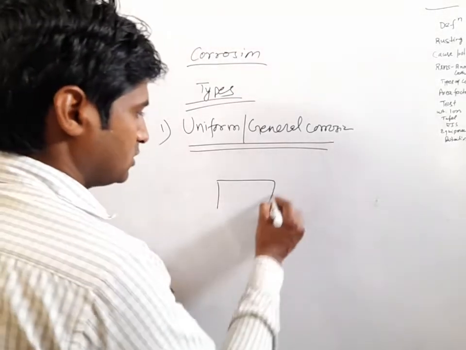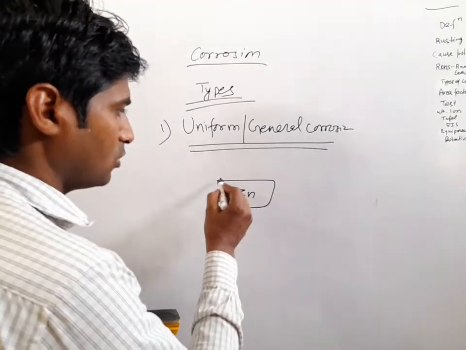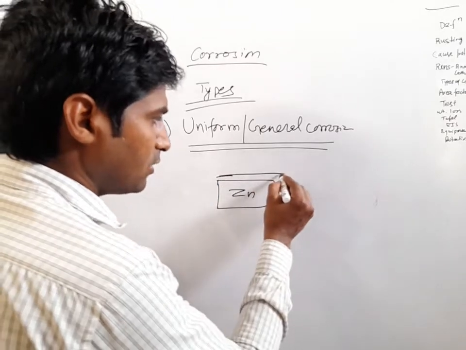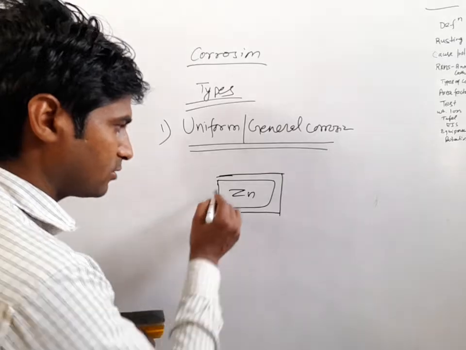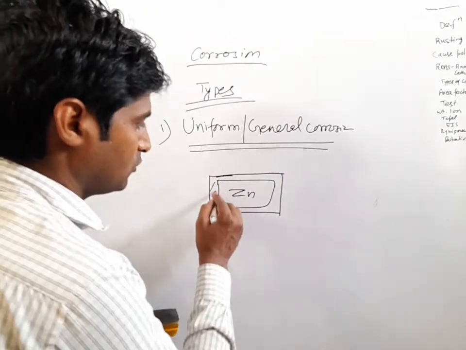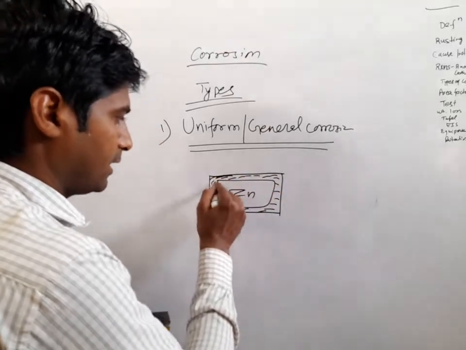So like this is zinc, so it is exposed to the environment. Uniform corrosion will occur at the whole surface, on all the sides which are exposed to the environment.